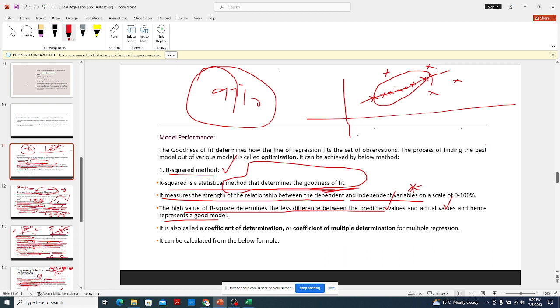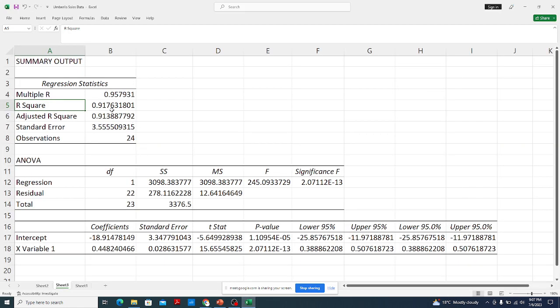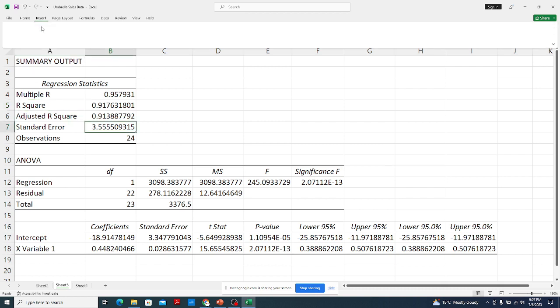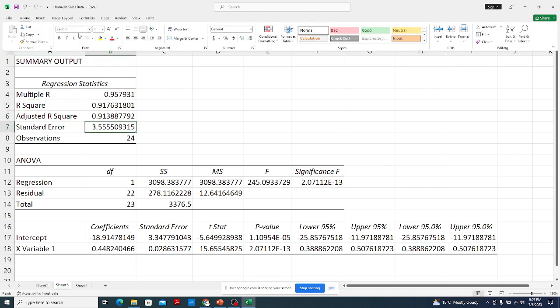Meaning the difference between the predicted variable and the actual values is very small, and you will see that in our analysis, it is evident. Because of a small standard error. The smaller the standard error, the better your model.